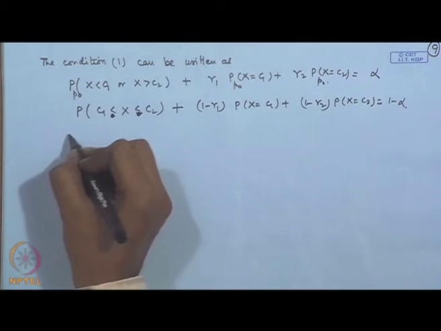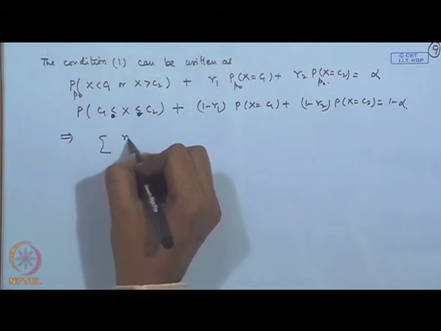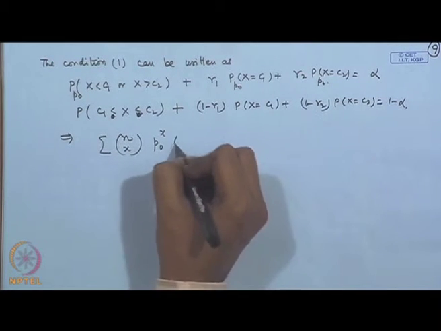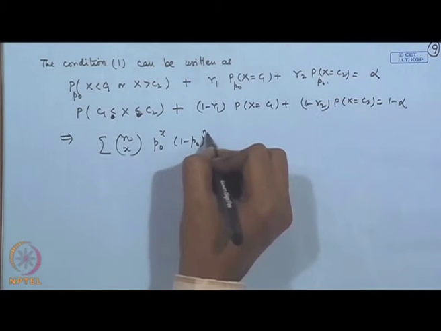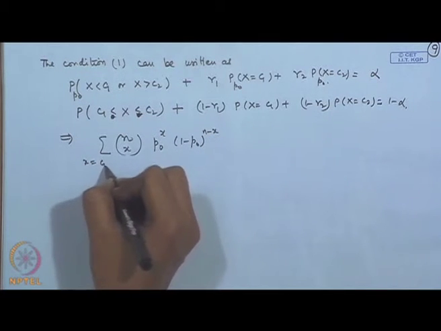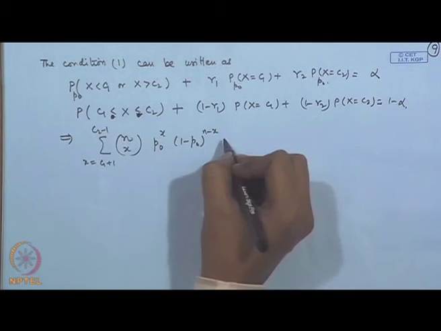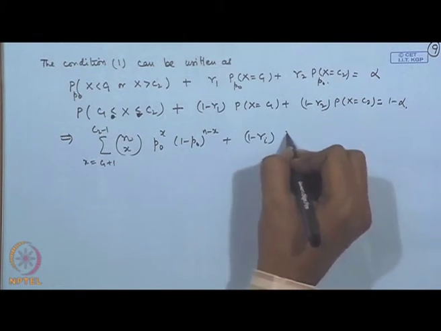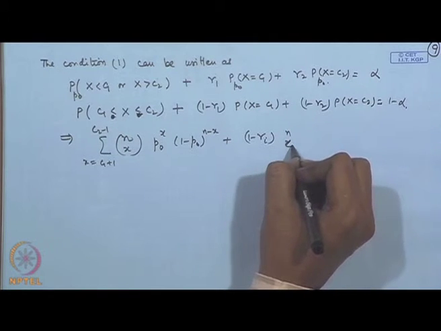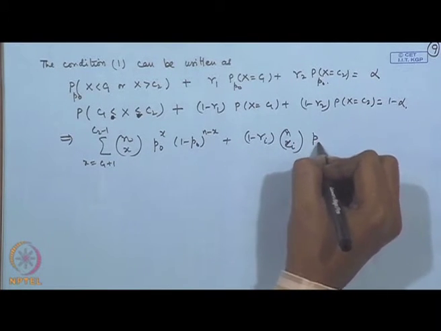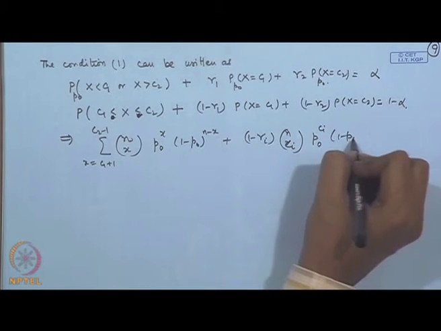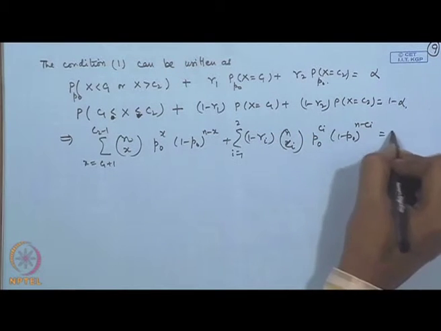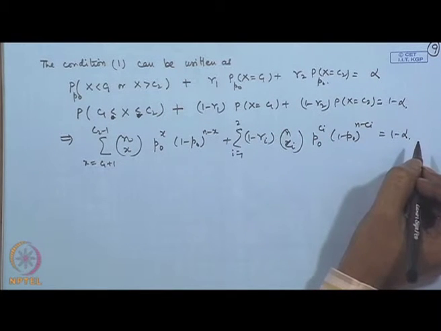So, this condition is then the sum of nCx p naught to the power x, 1 minus p naught to the power n minus x, where x is from C1 plus 1 to C2 minus 1, plus 1 minus gamma i times nCCi p naught to the power Ci, 1 minus p naught to the power n minus Ci, i is equal to 1, 2, that is equal to 1 minus alpha.